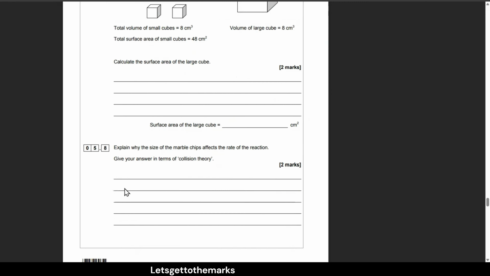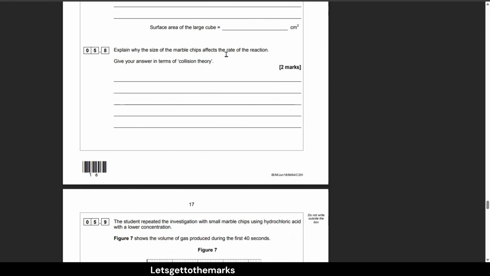So 5.8, explain why the size of the marble chips affects the rate of reaction. Give your answer in terms of collision theory. So what we want to say is larger marble chips have a smaller surface area to volume ratio. It was only 3 to 1 with the 2 centimeter cube. The small 1 centimeter cubes had a 6 to 1.